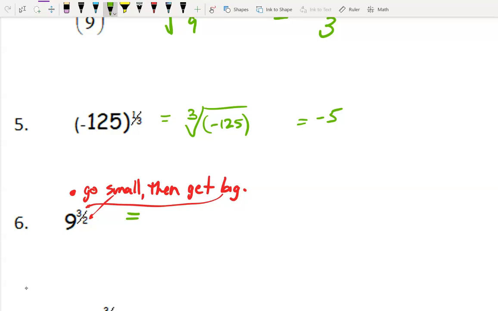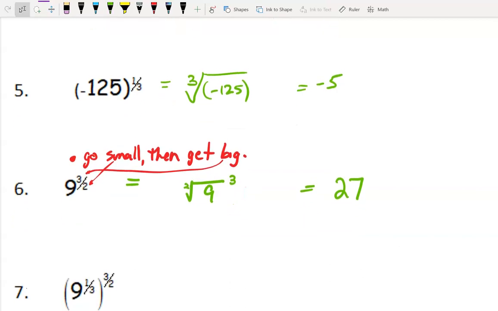Okay, so let's write this as the square root of 9. So that 2 means square root, and the 3 is out there. Now, can you evaluate this? Sure you can. You can take the square root of 9, which is 3, and cube it, which is 27.